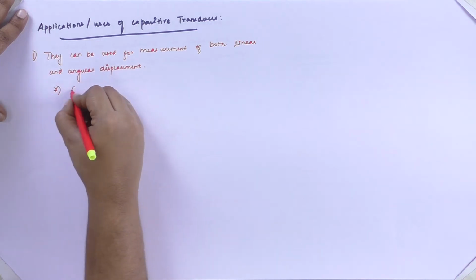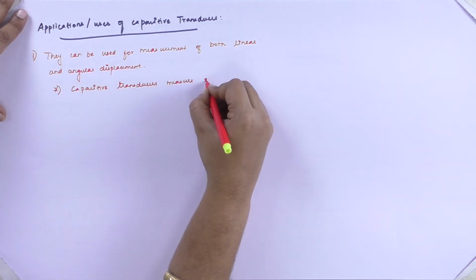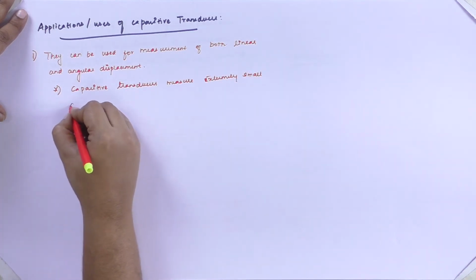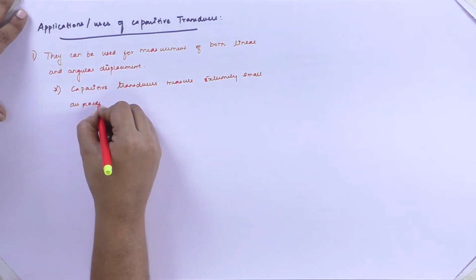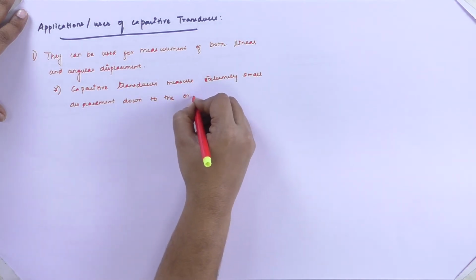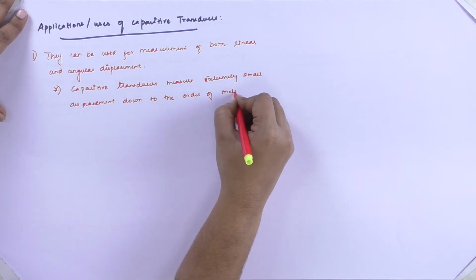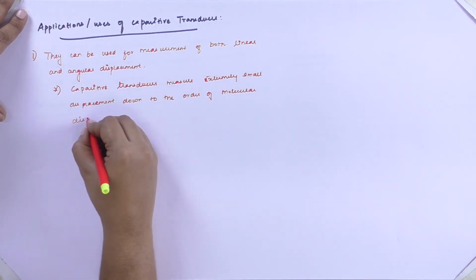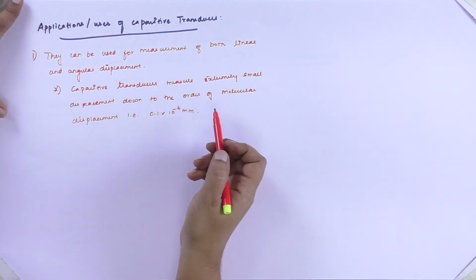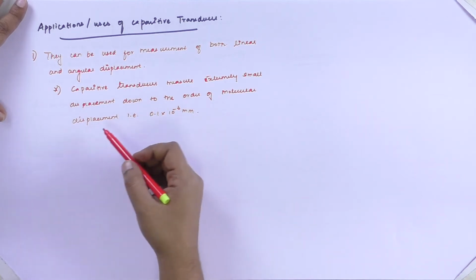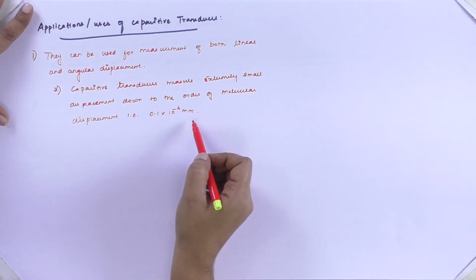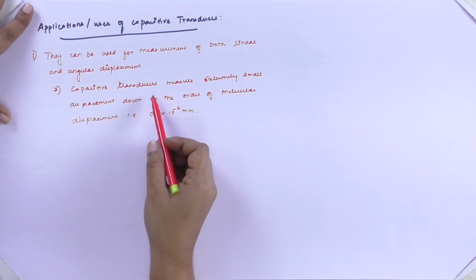So here the capacitive transducers measure extremely small displacement down to the order of molecular displacement, that is 0.1 into 10 power minus 6 mm. So we can measure the displacement down to the order of molecular displacement, that is even 0.1 into 10 power minus 6 mm of displacement can be easily measured by using capacitive transducers.